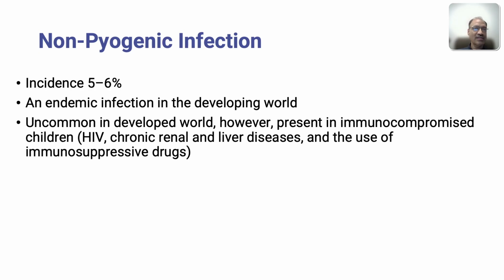So the incidence of non-pyogenic infection is 5 to 6%, very common in the developing world, and a couple of talks have shown subacute osteomyelitis, the infection crossing the physis, as well as in developing countries. However, it's not uncommon in the developed world, where immunocompromised children would present with liver disease or renal disease.